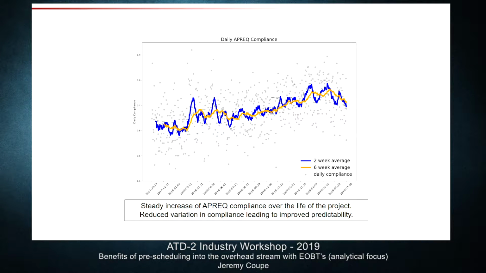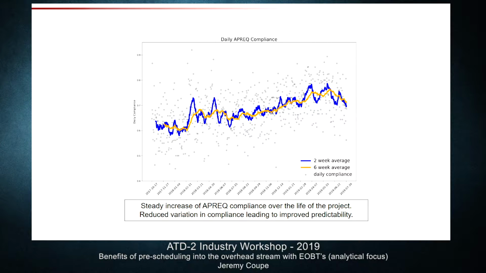To begin with, we can share some of the compliance data that we're seeing at Charlotte. Here, the horizontal axis is time. The left-hand side is the start of ATD-2, which started in September 2017. The right-hand side is we have data all the way through July 30th. You'll see some gray data points here.